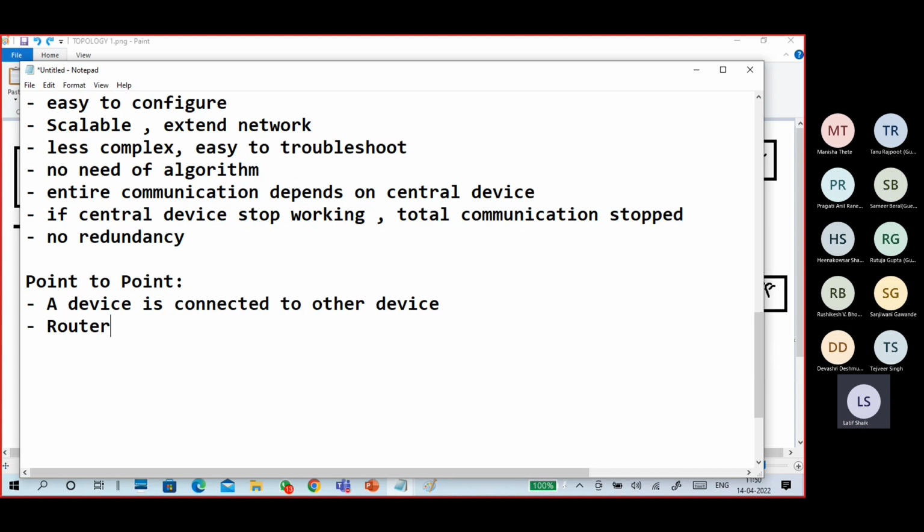For example, router to router, maybe a switch to switch, not only a PC to PC, not only similar types of devices, also different devices like switch to router.